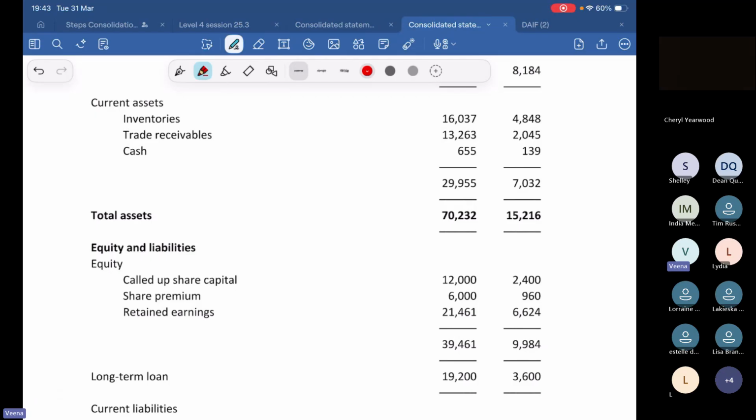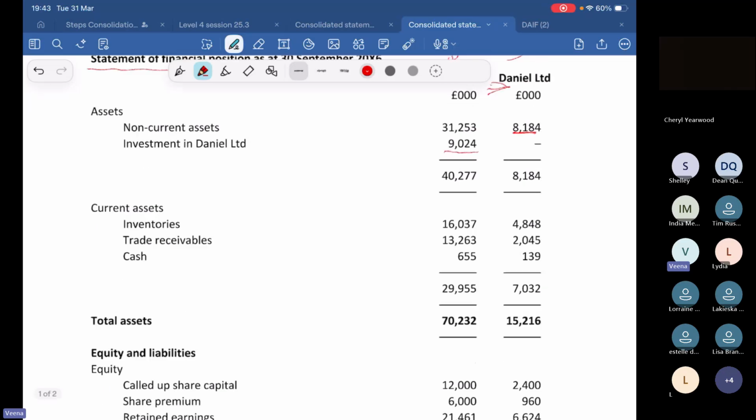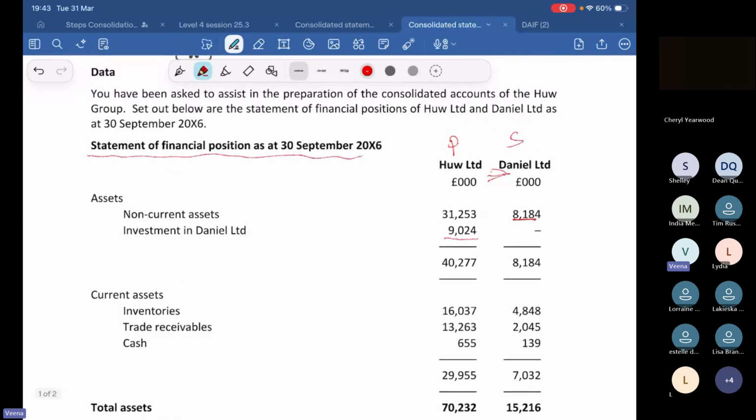All I need is the subsidiary company. Keep looking at the Daniel Limited balance sheet constantly, because they are the ones who are being bought.